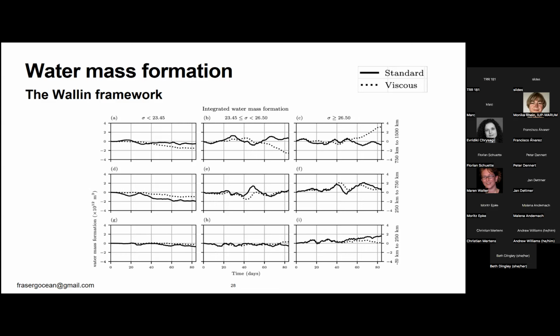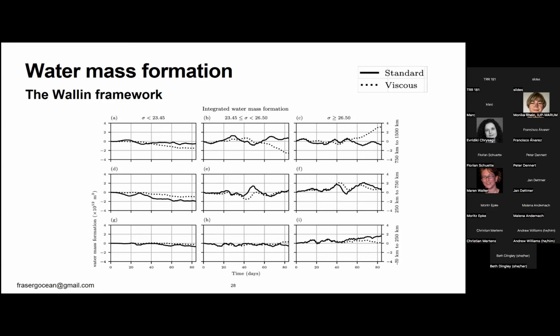What these lines show is the total water mass formation that has occurred as a function of time. First off, in the light water and intermediate water classes just south of the equator, in both the control run, the dotted line, and the solid line, there's not much water mass formation at all.